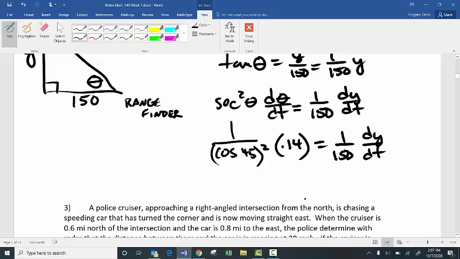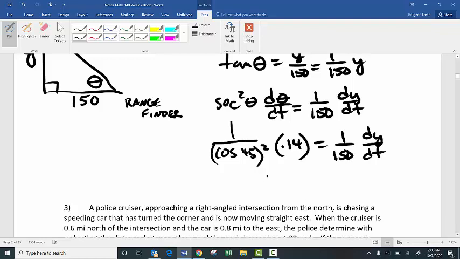Okay, so let me do that real quick. Calculator. And I think it comes out with an even number if I remember correctly. So 1 divided by cosine 45 degrees. You want to square that, and then multiply by 0.14, and then multiply by 150, and you got it.